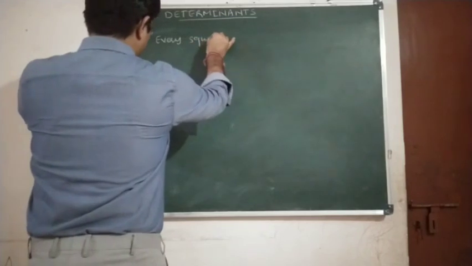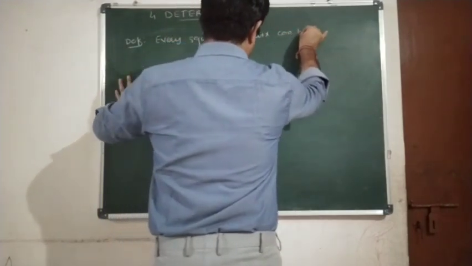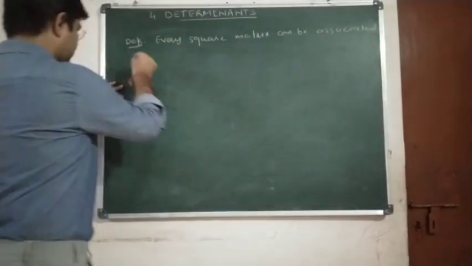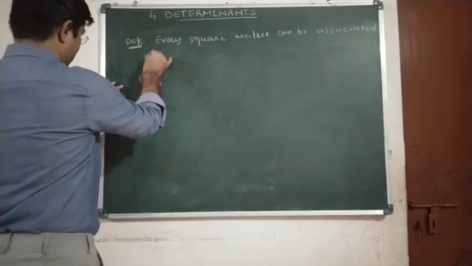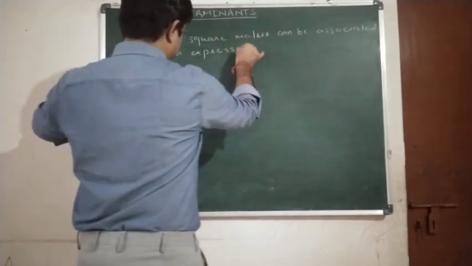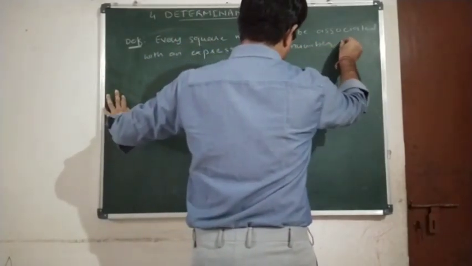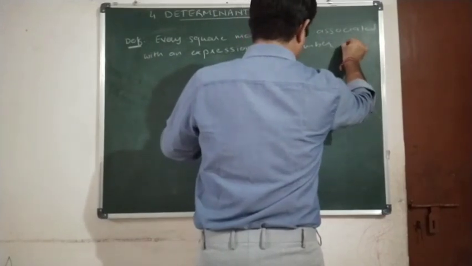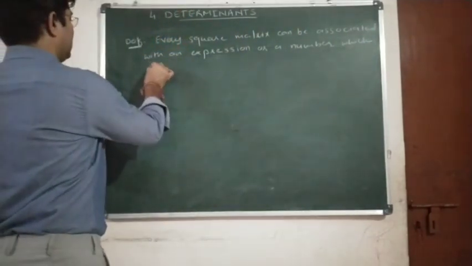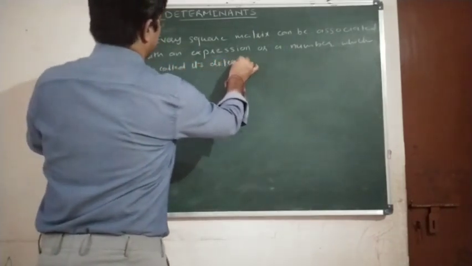Every square matrix can be associated with an expression or a number which is called its determinant.